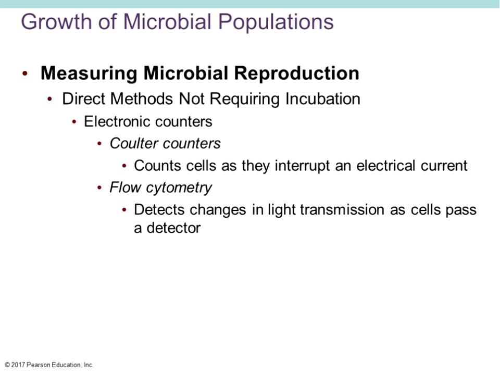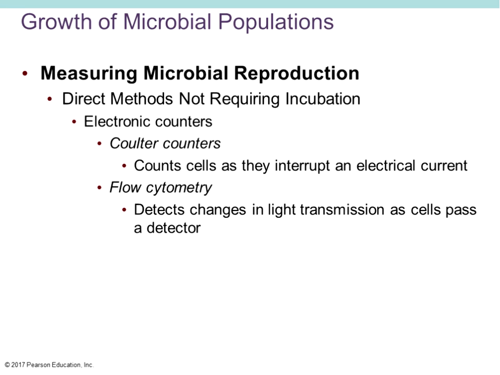Every time a cell crosses that current, we can count it that way. We can also do flow cytometry, which detects changes in light transmission as the cells pass a light detector. So it's like a little blind spot hit, and they count that as 1. And then you have the media flowing through, so you make sure you only count 1 cell once.